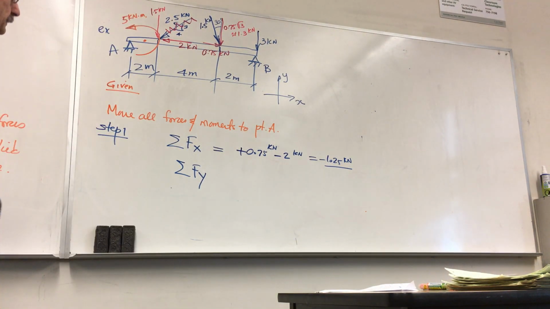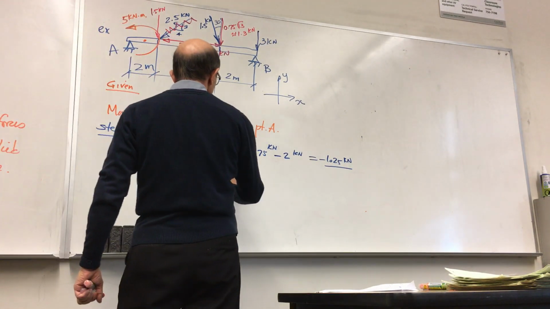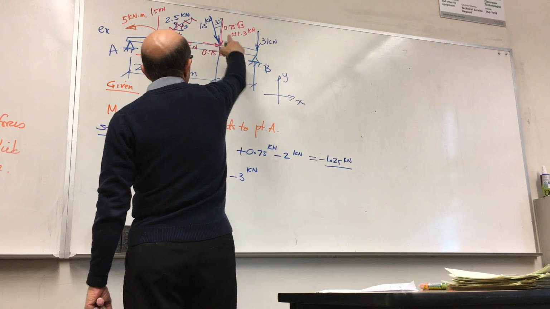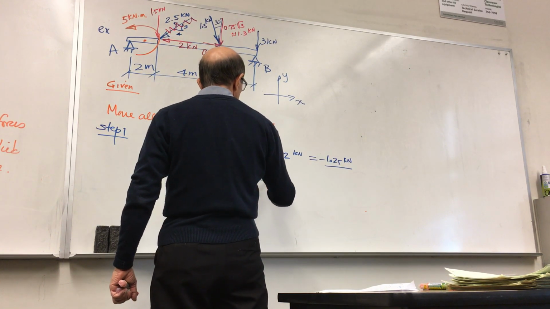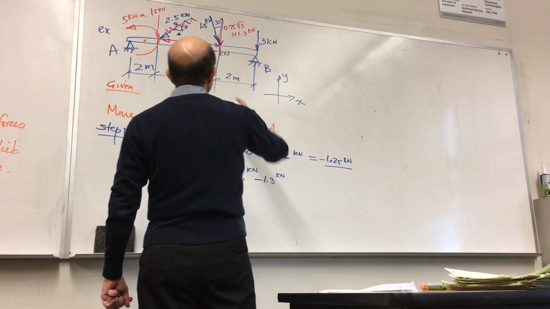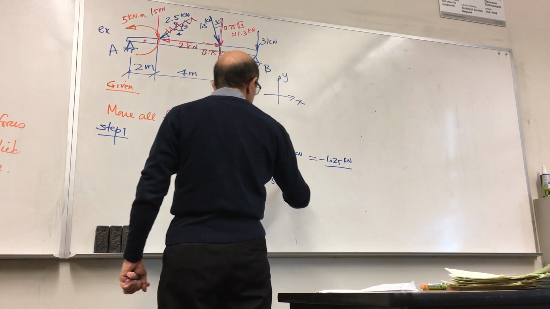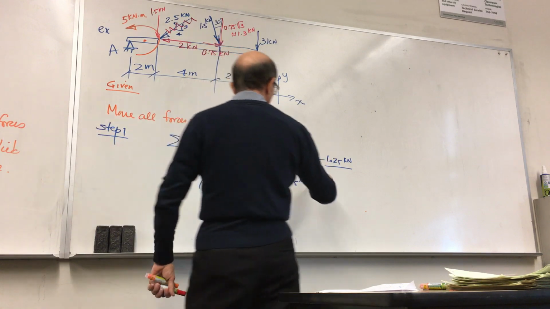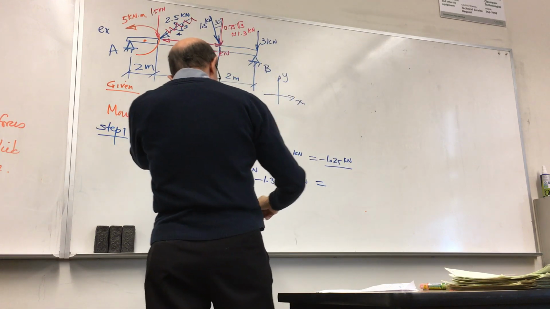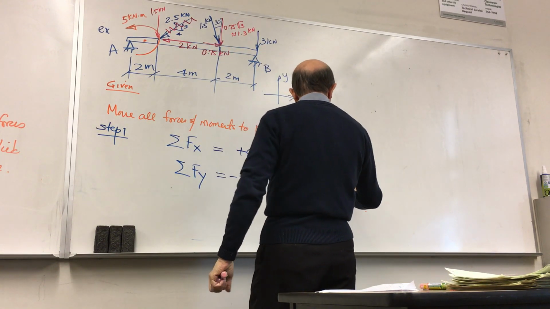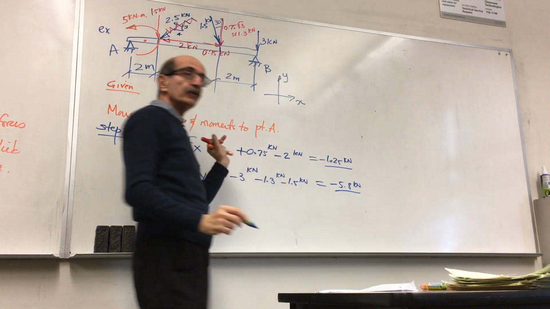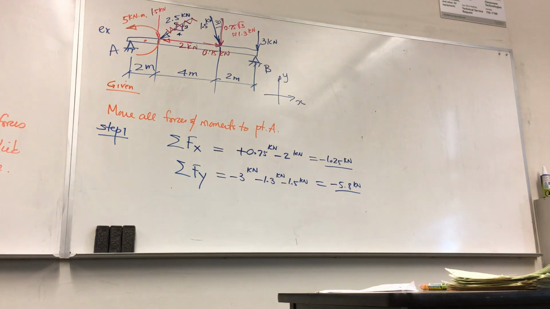All forces are acting downward, so that means you have negative 3 kilonewton. You have negative 1.3 kilonewton, and you have negative 1.5 kilonewton, and that's it. So the total is negative 5.8 kilonewton. This is the resultant of all these forces.